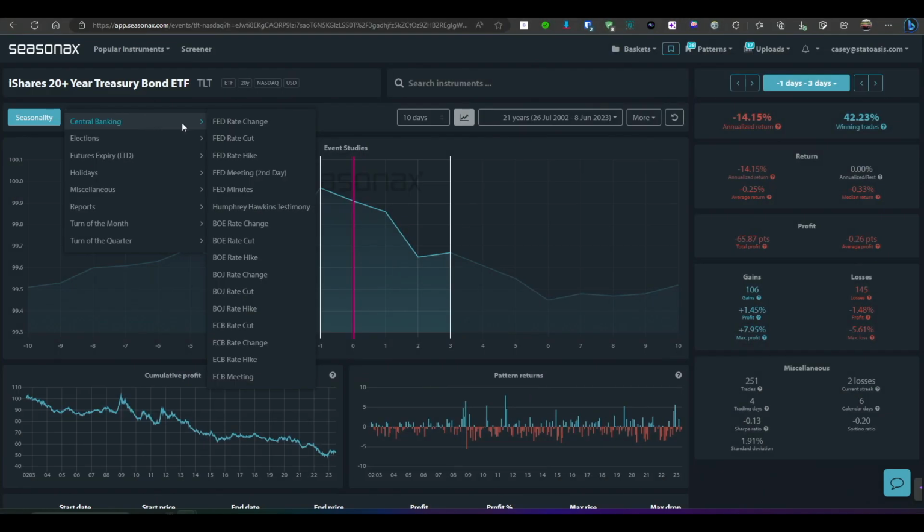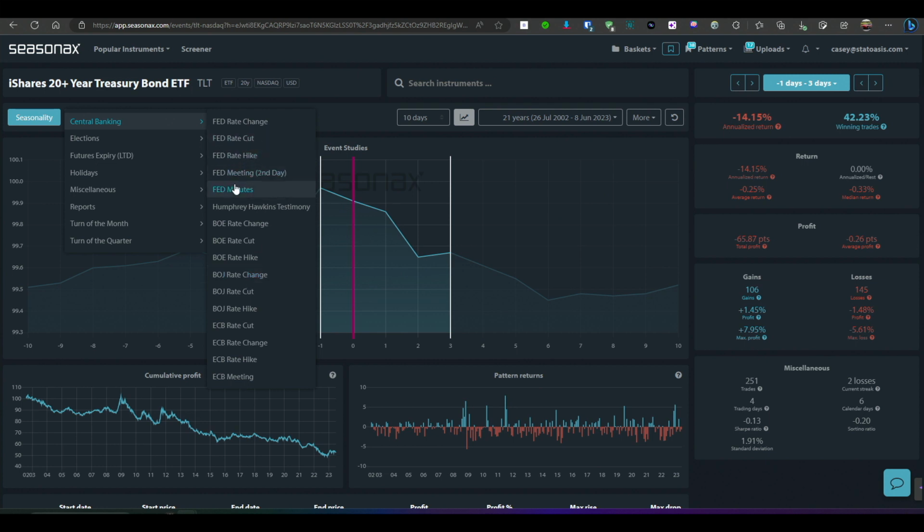So if we go to central bank, and this is the US Fed rate, I do not know which one is this, and Humphrey, that one I don't know. But then we have the Bank of Japan and the Euro Bank. So the Euro, of course, will affect the European indexes. Bank of Japan will affect the Japanese index or the Japanese yen.